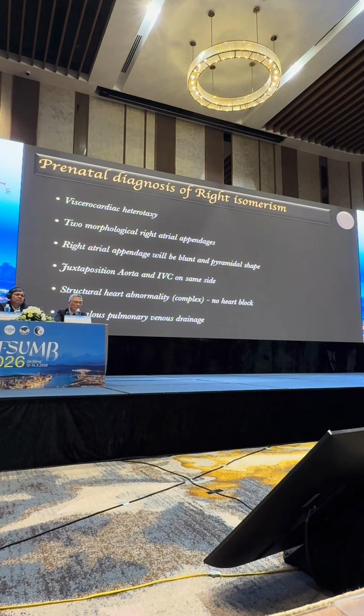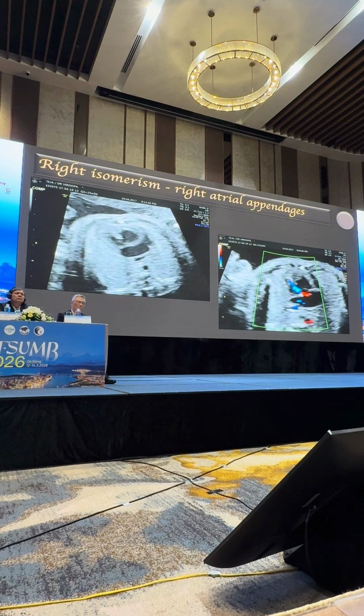In left isomerism you have two adjacent structures, one is the left-sided aorta, the other one is the right-sided azygos. Whereas here, the inferior vena cava as well as the aorta will be one above the other or on the same side. There will be complex cardiac abnormalities associated with atriovenous abnormalities such as abnormal pulmonary venous drainage. So these are the factors that we have to keep in mind when we are dealing with right isomerism.